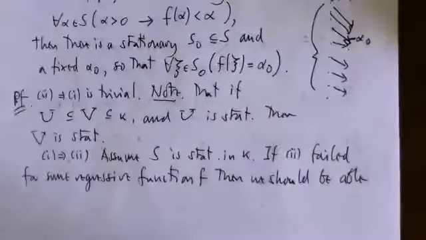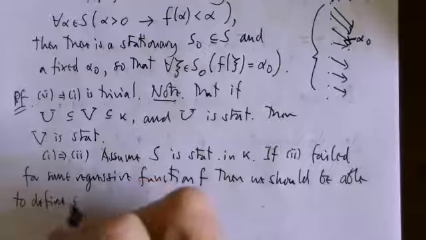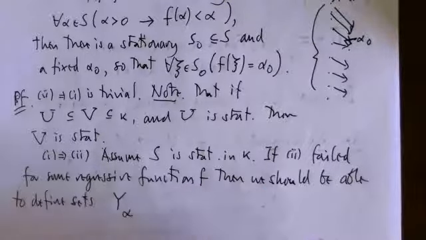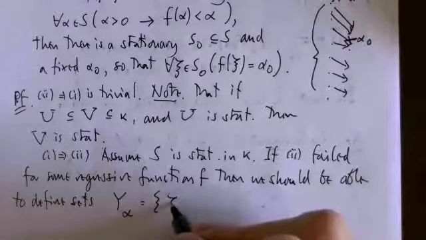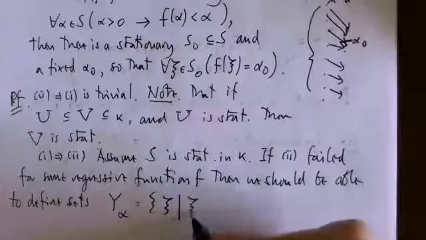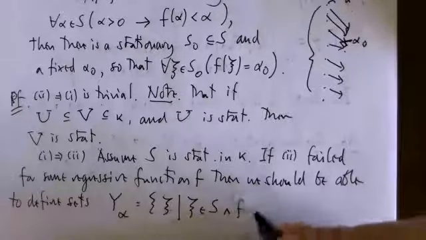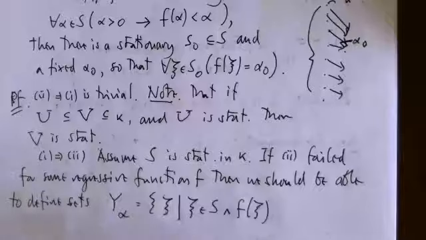What we do, we'd be able to define sets Y sub alpha here. And this will be the collection of psi, so it's that psi is in S and f of psi here is not alpha.